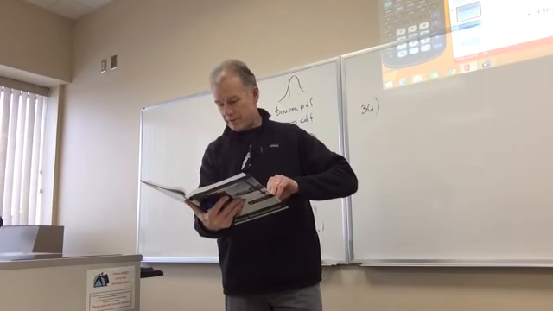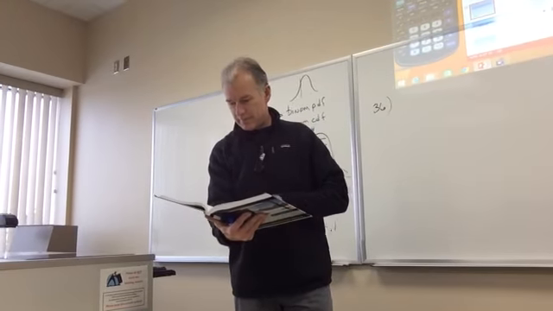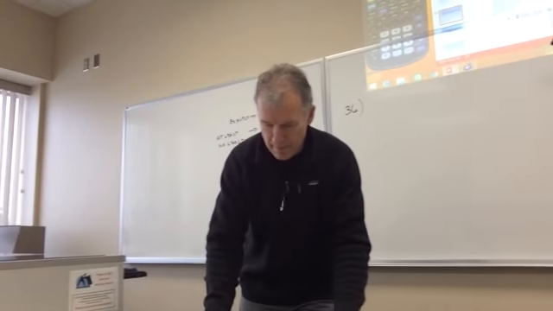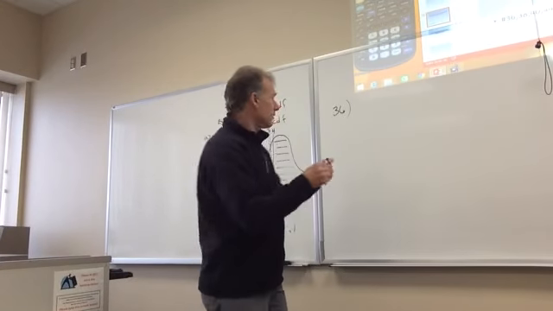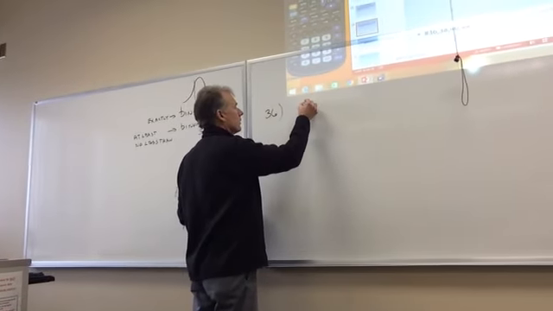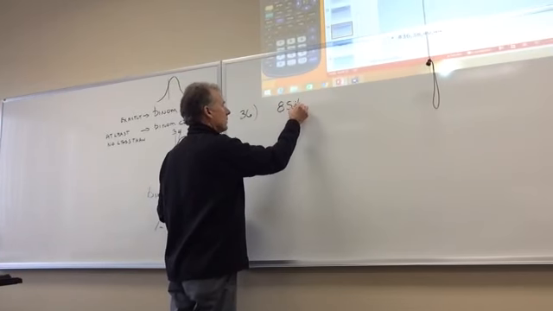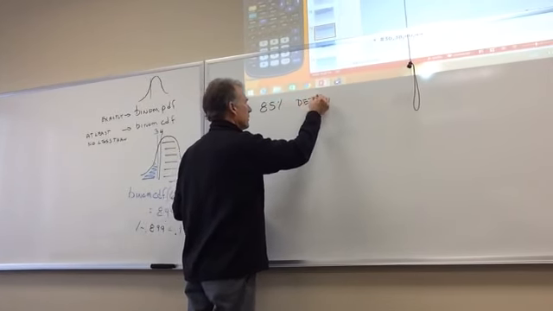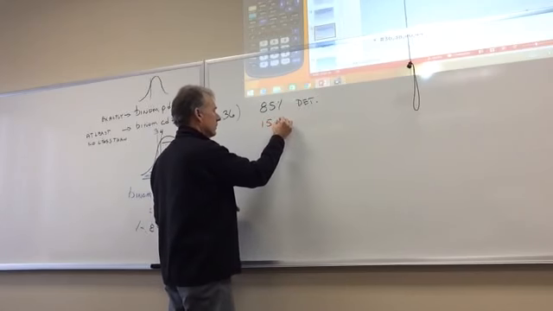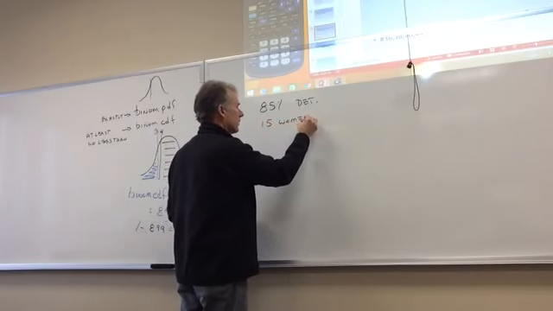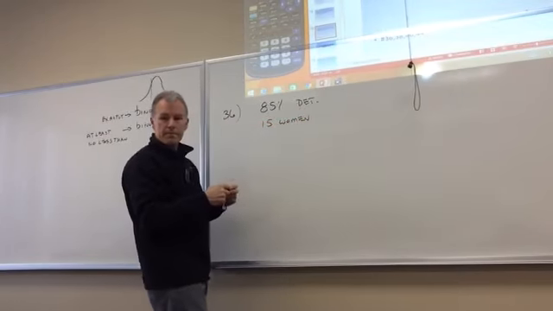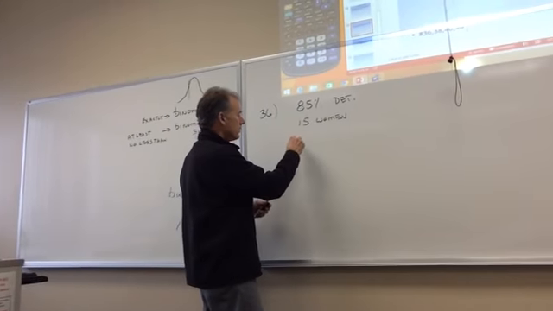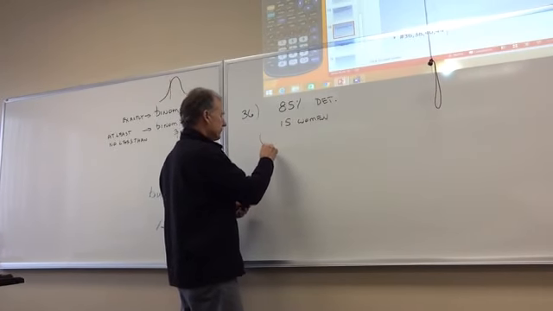A recent study found that 85% of breast cancer cases are detectable by mammogram. Suppose a random sample of 15 women with breast cancer are given mammograms. Find the probability of each of the following results. Assume that the cases are independent. So 36 is none of these cases are detectable.